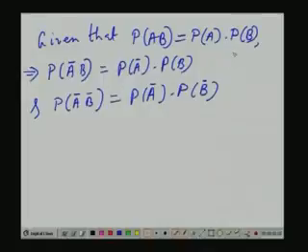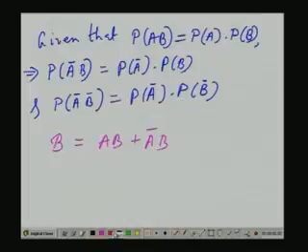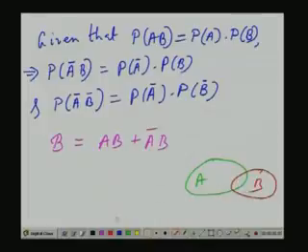First consider this. We know that any event B can be written as a union of two mutually exclusive sets. One is AB, another is A bar B. If you have forgotten, I just draw a Venn diagram here quickly. This is A, this is B. So, this is the diagram.